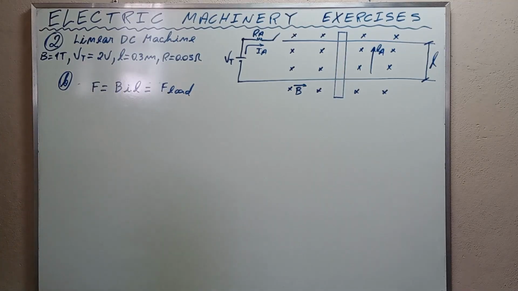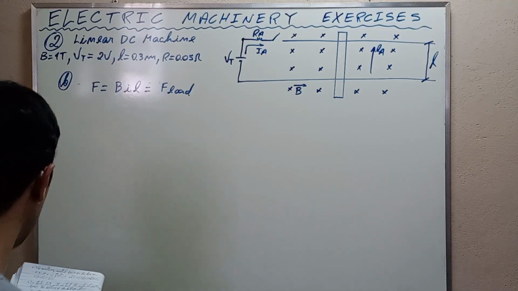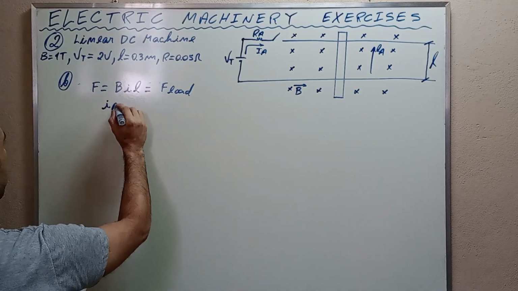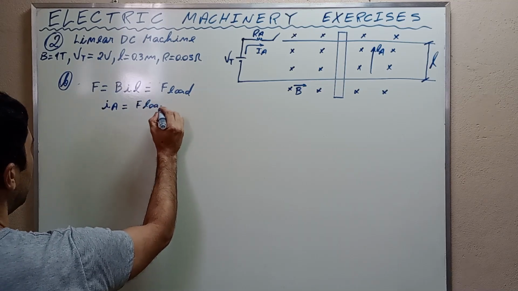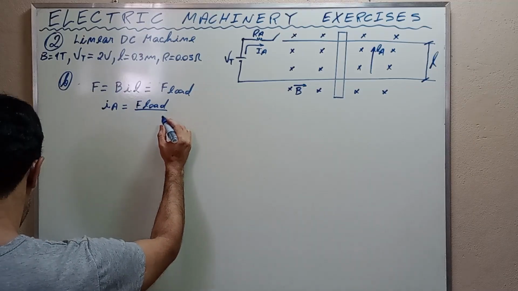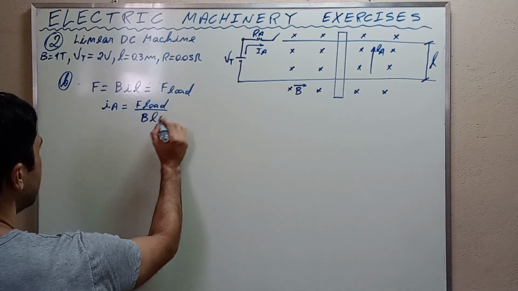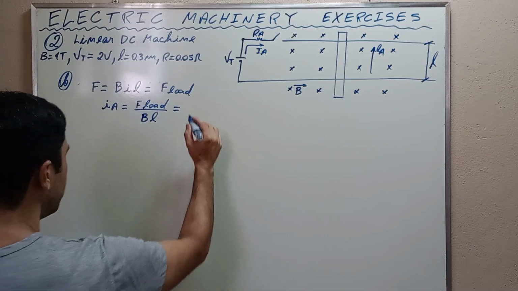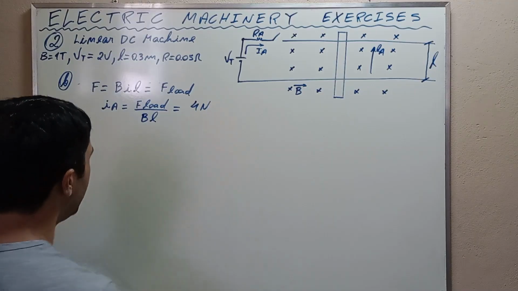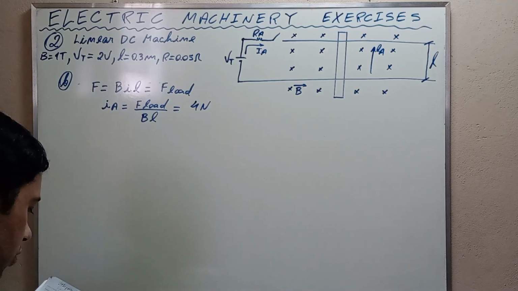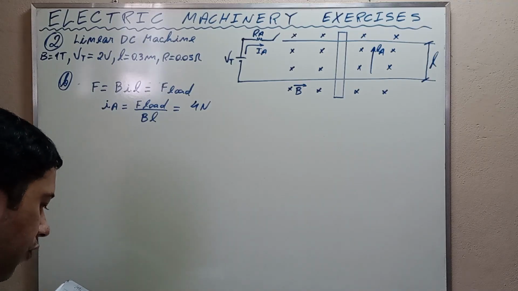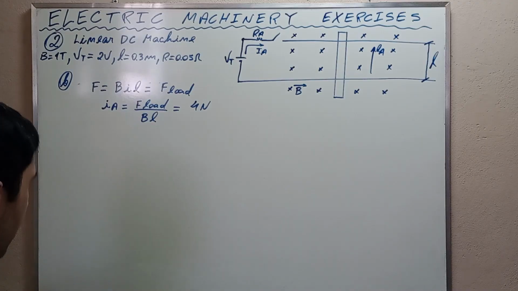Okay, my friends, solving this equation for the current, we know that IA is equal to F load divided by B times L, and this is equal to 4 newtons, because the exercise said that now suppose that a mechanical load of 4 newtons directed to the left is applied to the moving bar.